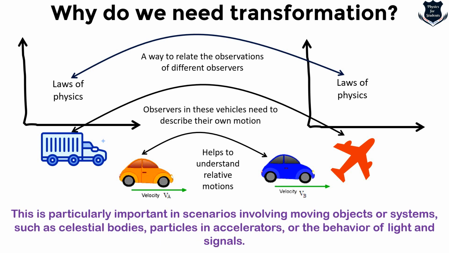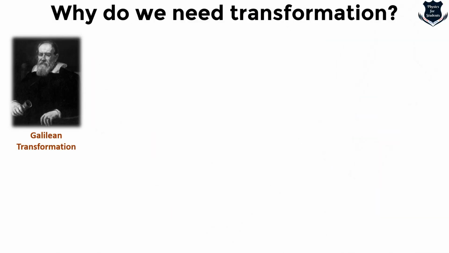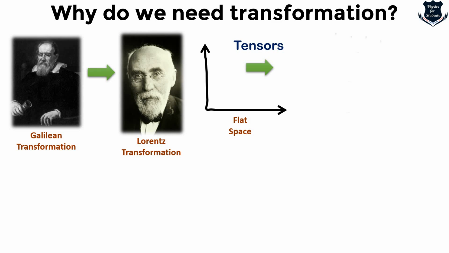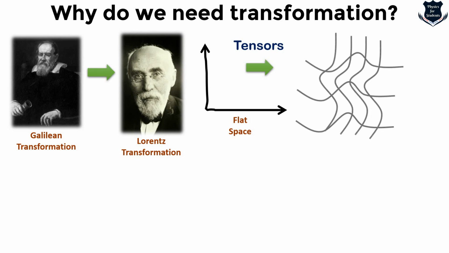Now, further, what we find is that the Galilean transformation actually gave way to a new transformation, the Lorentz transformation. We will soon observe the Galilean transformation, its limitations, etc. We also found that from flat space we need objects called tensors, exotic objects, which I'm making videos on, when we get into a curved space, because we need something which general vectors cannot define.